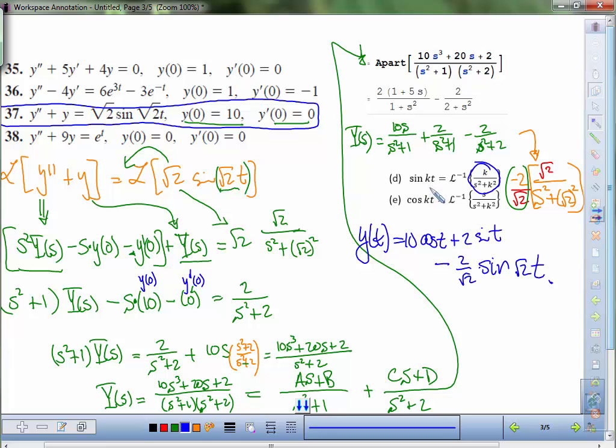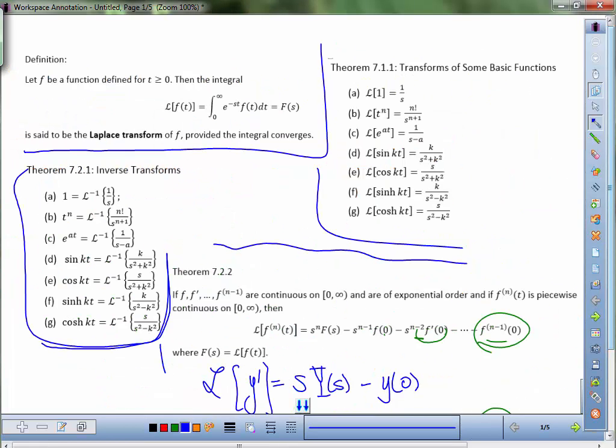If we were to look at the proof of this, we would run through this transformation to go from sine kt to this thing. And so this is just our vehicle. This L transformation is our vehicle to go from the t world to the s world. And then when we want to go back from the s world to the t world, we have to match it exactly as how we got it there. And we have to match the functions exactly the way they're written.